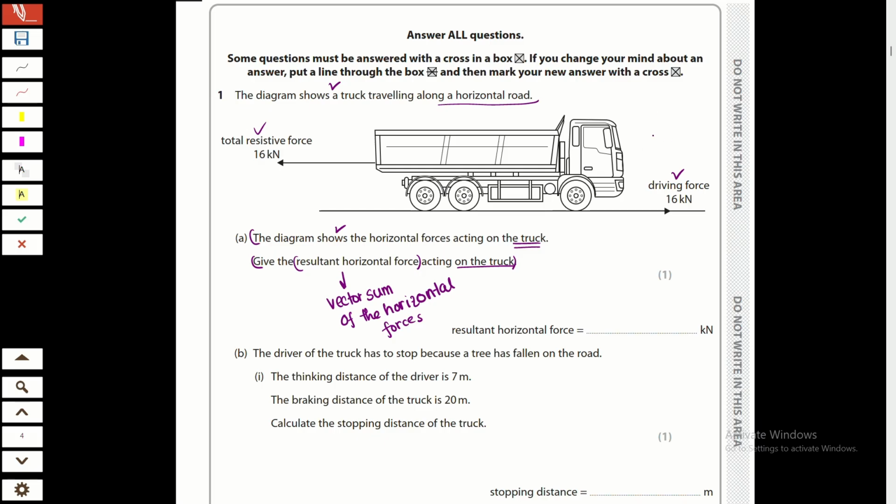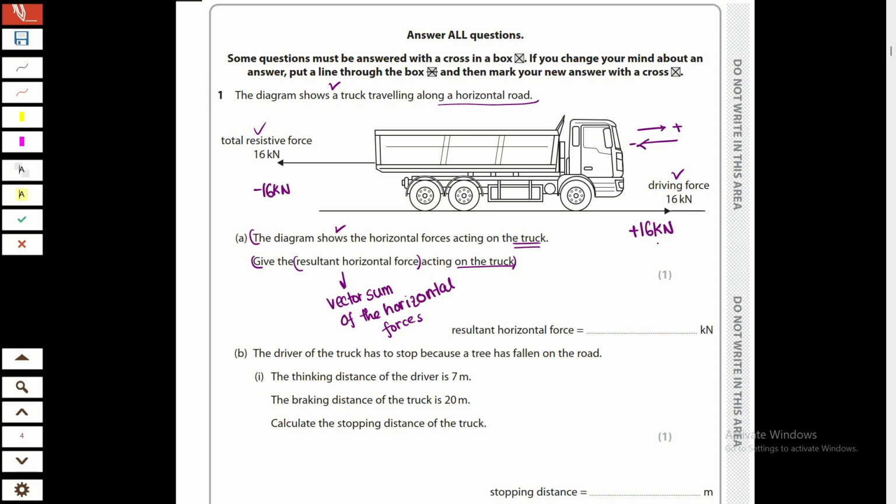Let's say we have considered the direction of the driving force to be positive. So the opposite direction must be negative. If I consider the right direction to be positive, the left direction must be negative. So I can write the driving force as positive 16 kilonewton, and the total resistive force as negative 16 kilonewton.